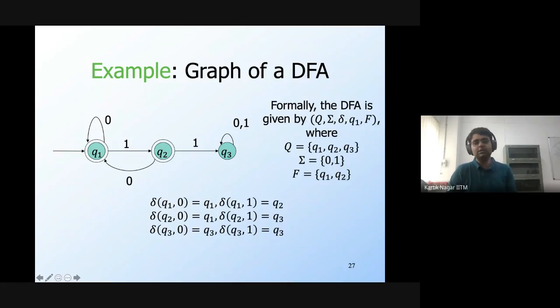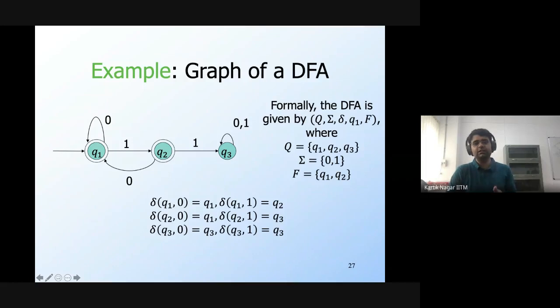Delta of Q1 comma 0 is going to be Q1 itself, because there is a self loop, an edge from Q1 to itself, labeled by 0. For delta of Q1 comma 1, I take Q1 in the graph and look at the edge from Q1 labeled by 1. That goes to Q2, and that's why delta of Q1 comma 1 is equal to Q2.